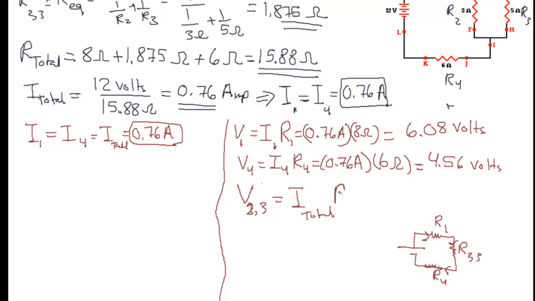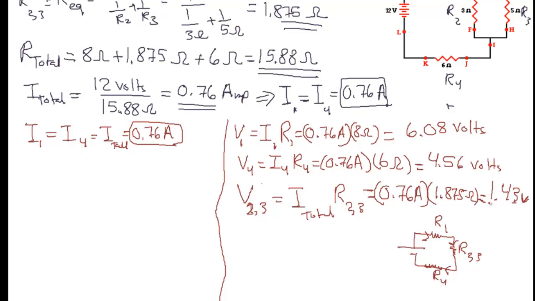So I total times R equivalence of 2 and 3. This will be equal to 0.76 amps times the equivalence of 2 and 3, which we found to be 1.875 ohms. And when you do the multiplication, the voltage drop here will come out to be 1.43 volts.